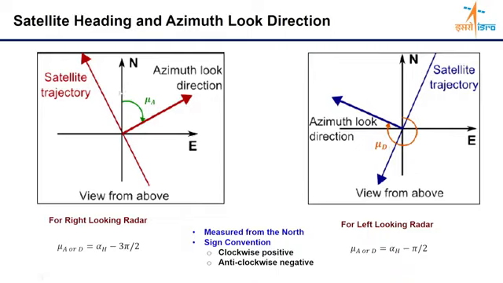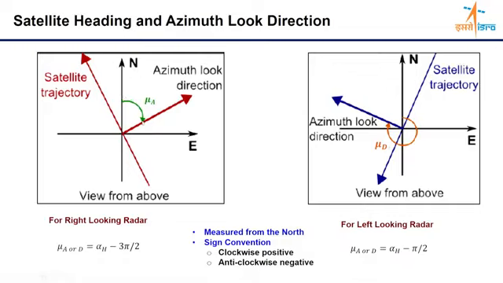So satellite heading, if you are measuring in negative sign, it means this is simply angle from here to here. So this is around minus 15 degree. So satellite heading in the ascending pass is around minus 15 degree. Okay, or azimuth look angle is around, total from here to here is 90, this is 15, if you subtract, it is 75.